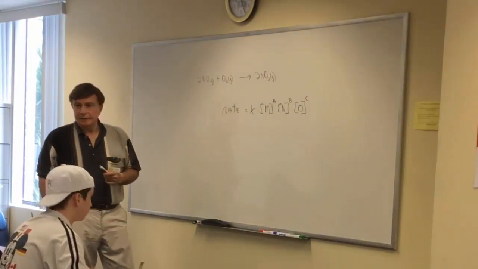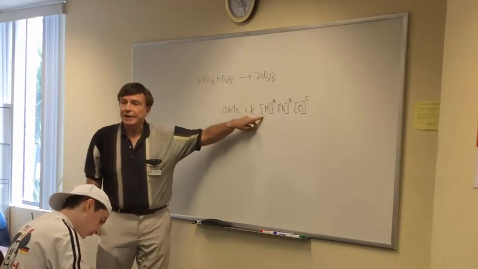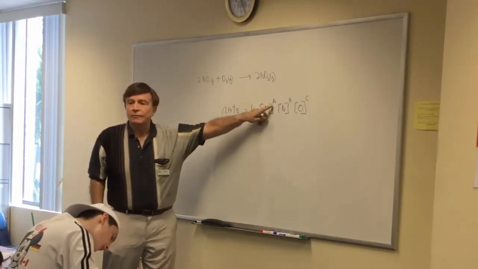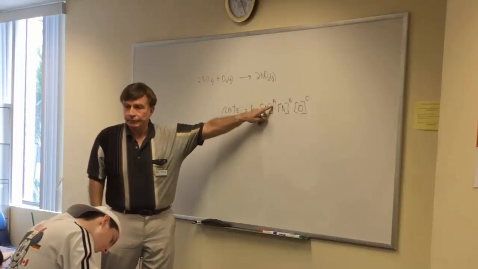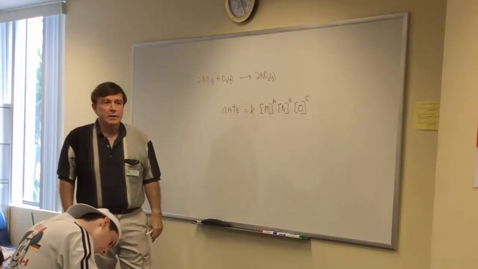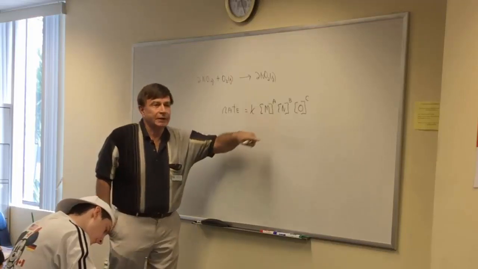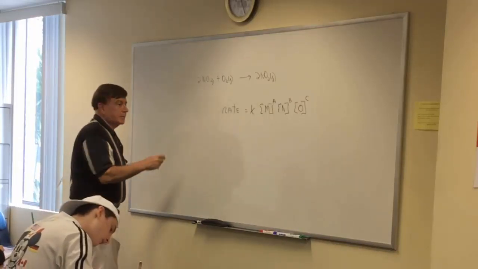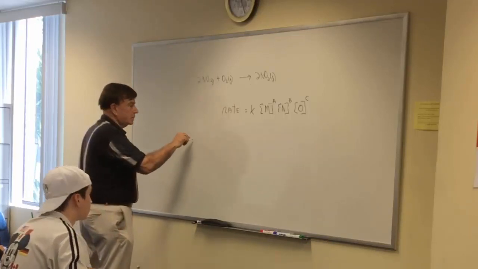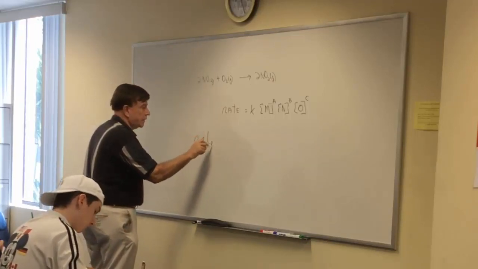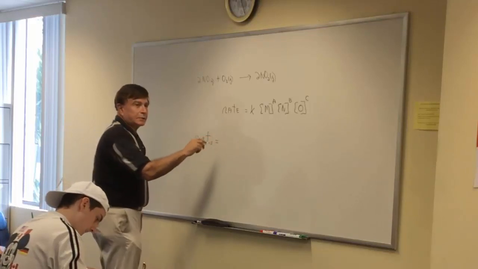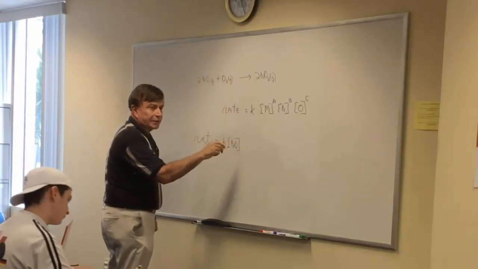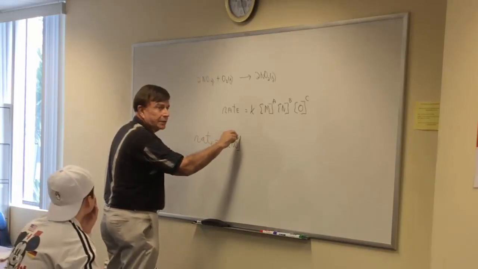Let's talk about what these mean. The brackets mean concentration, okay? Raised to the power. So that's what that means. We'll call it this possible answer: rate is equal to K times NO. This is a possible answer, not the right answer necessarily.